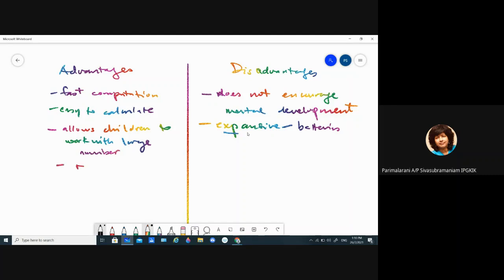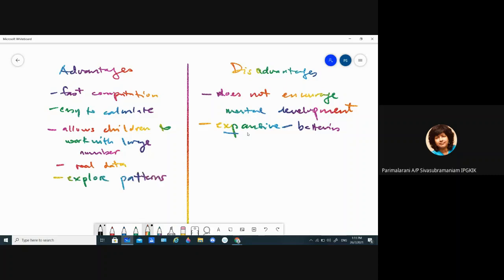It allows children to work with real data, data that they collect when they learn data handling, collecting data from other people, and then they can work with the data using the calculator. They can explore patterns. Calculator is a very good tool to explore patterns.